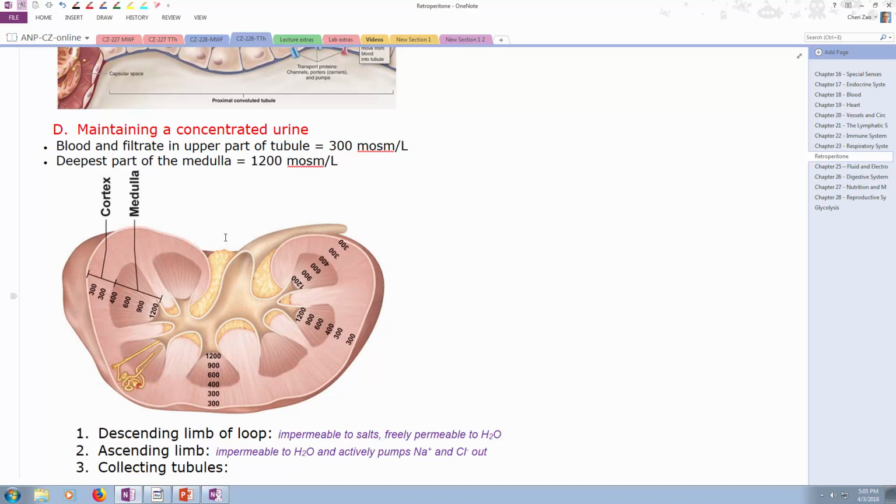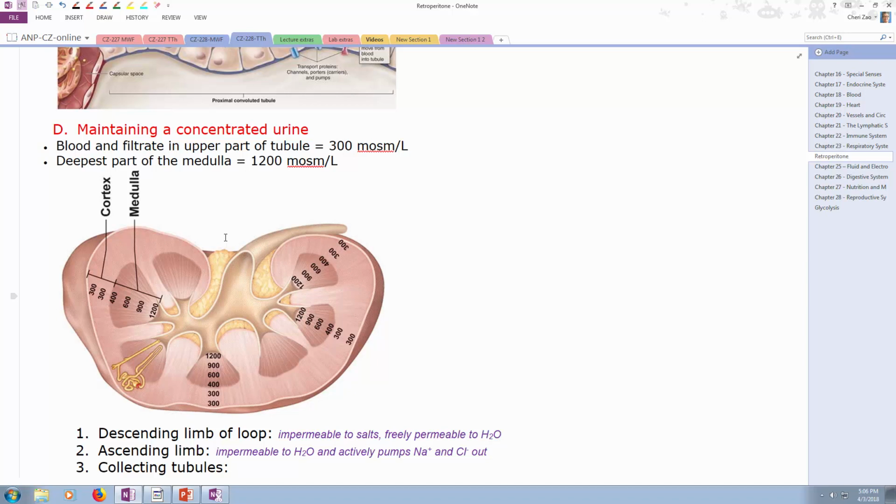Because with reabsorption, we're talking about moving stuff from the filtrate and putting it back into the bloodstream. So if you're impermeable, that means nothing can leave. And so that means 180 liters out of your body. Okay. Yeah. So that system is not the way it is.